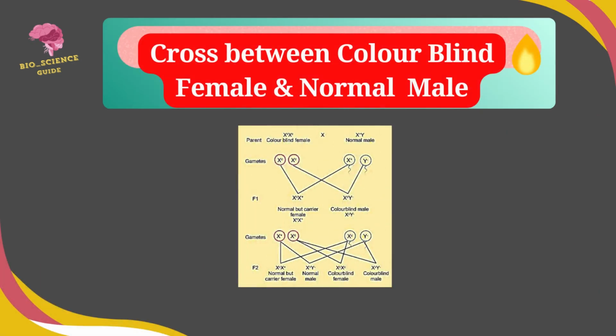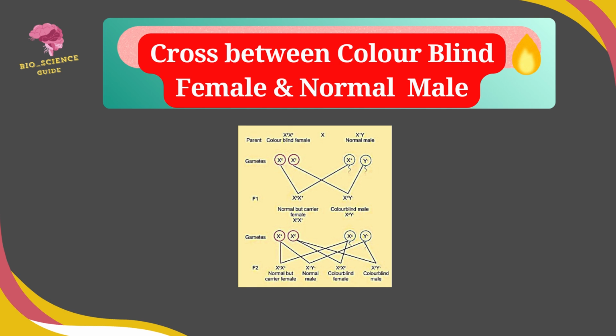In case 2, the cross between a color-blind female and a normal male. When a color-blind female is married to a normal male, all the daughters are carriers and all the sons are color-blind in the F1 generation.